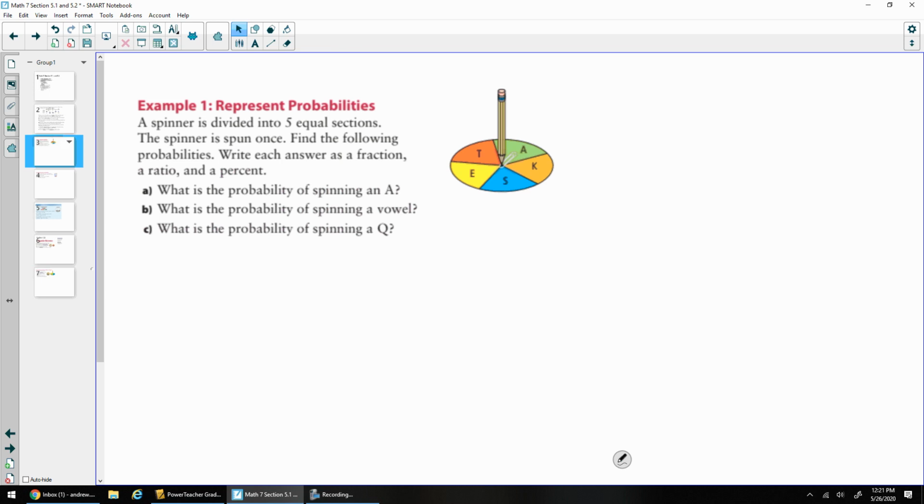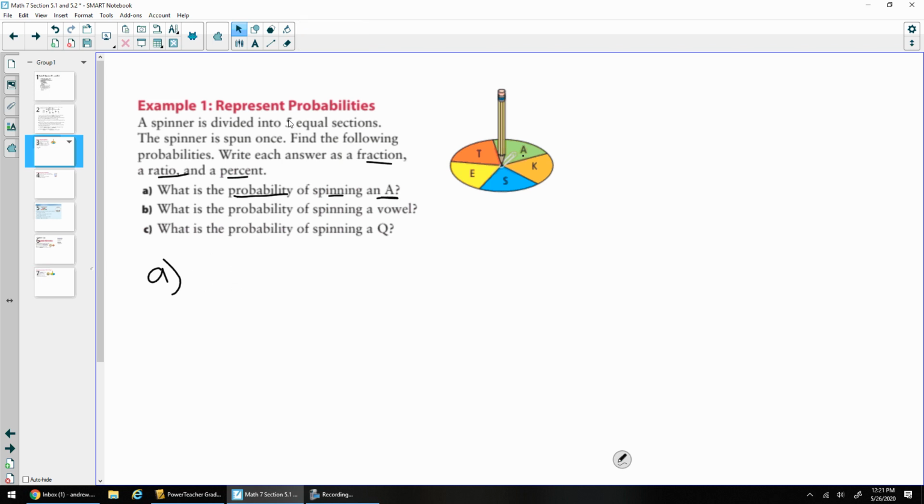So we want to write each answer as a fraction, ratio, and a percent. So A says, what is the probability of spinning an A? Well, there's one A, so that's our one favorable outcome. And there is 5 possible outcomes, so it's 1 out of 5.